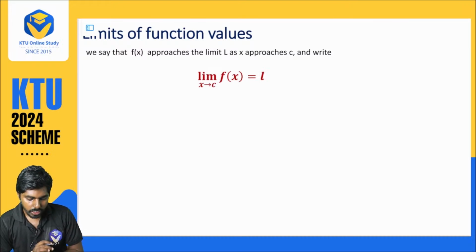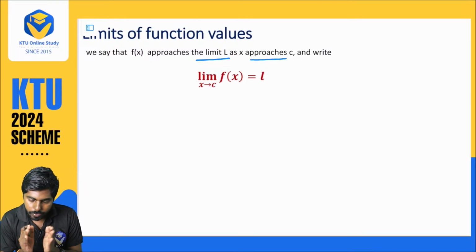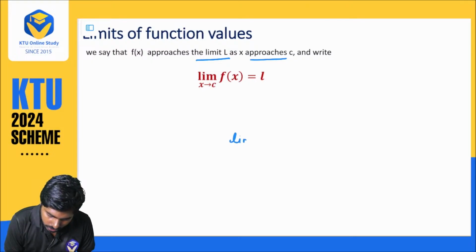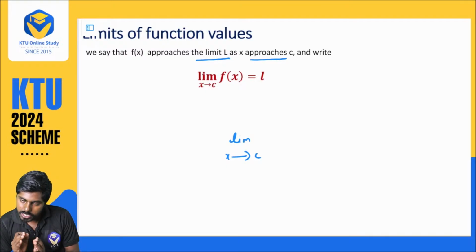We say that f of x approaches the limit L as x approaches c, and the limit formula is limit as x approaches c. Approaches means it is near to c.